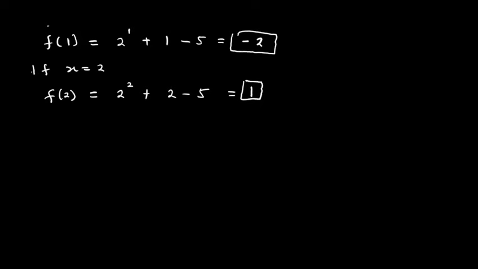Because if f of x is equals to 0, then the value of x is a root of the equation, but in this case the value of x lies in between 1 and 2, because 0 is in between minus 2 and 1.